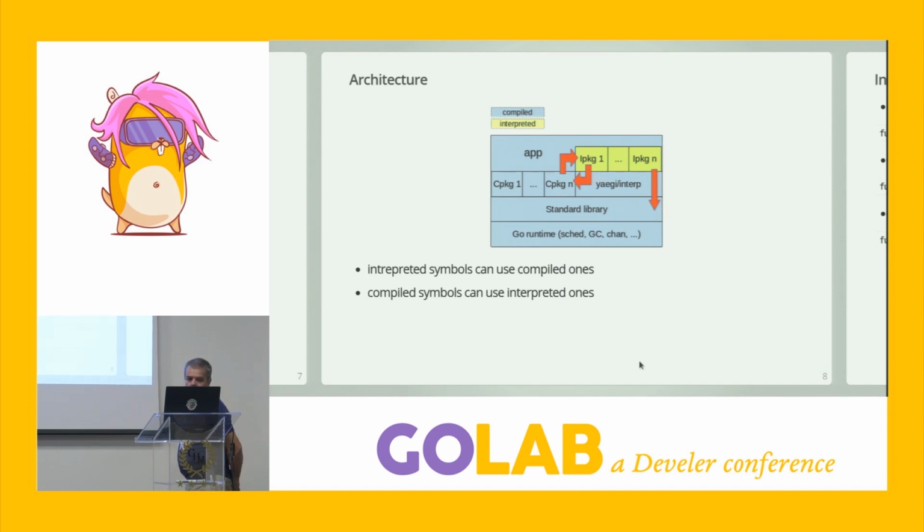And as I said previously, also one of the goals is to be able to use compiled symbols from the interpreted packages, and also to provide interpreted dependencies to compiled packages. And we'll see later how we do that.